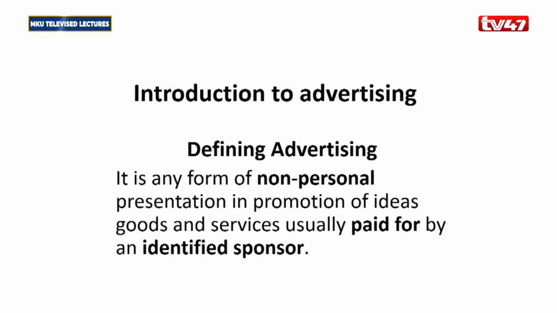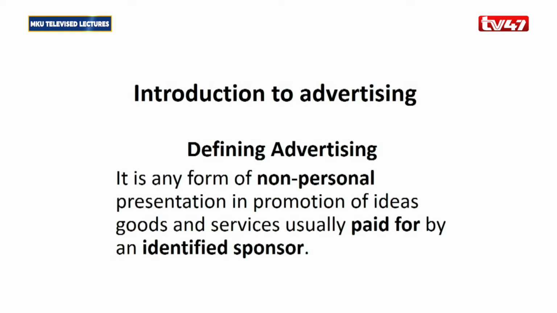So anytime you're defining advertising, you have to always remember you're not targeting one person, and it is why you're going to use the mass media, which we insist is going to be paid for. But importantly, you also have to identify yourself. Where is this message coming from?